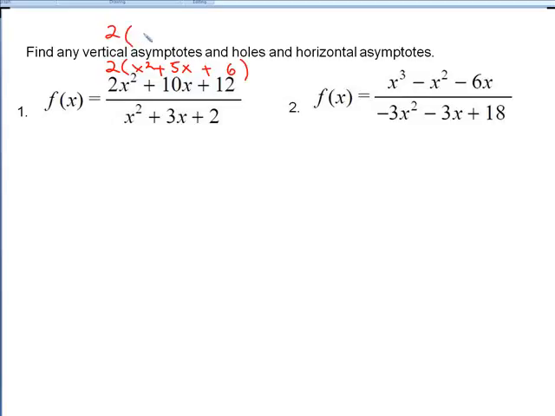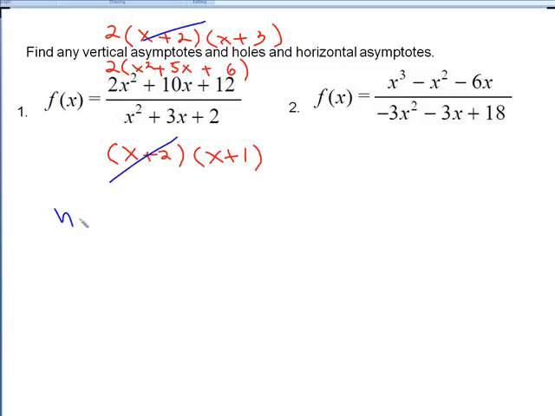Fully factoring, we get x plus 2, x plus 3. Let's factor the bottom: x plus 2, x plus 1. Does anything cancel out? It looks like the x plus 2's cancel out.